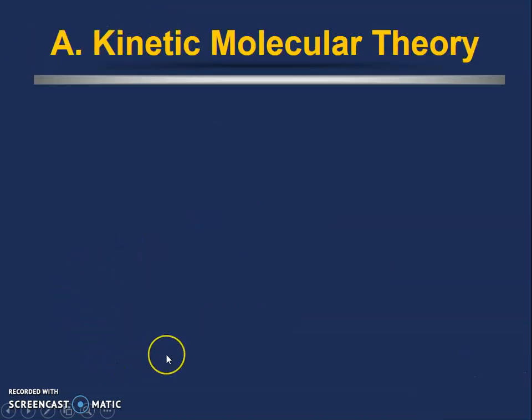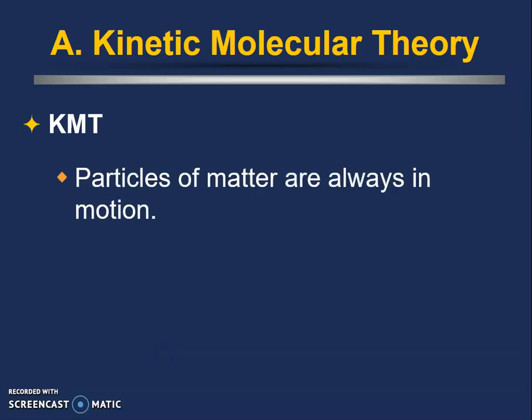All right, let's talk about the kinetic molecular theory, or KMT theory. You should have learned about this in physical science. So everything is constantly in motion. The particles that make up matter, atoms, are constantly in motion. They're always moving, even if we can't see them, because they're so small.